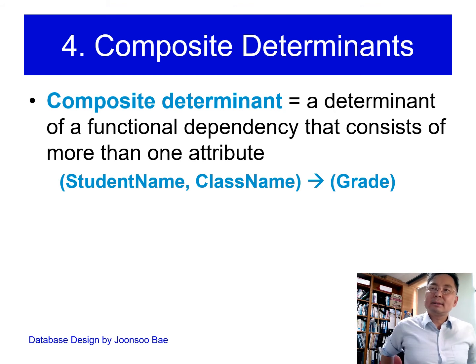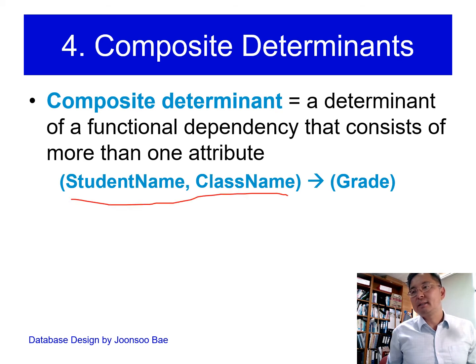And the next terminology is composite determinant. Composite determinant means that more than one attribute may be a determinant. Okay, this example shows that student name, comma, class name will determine grade.